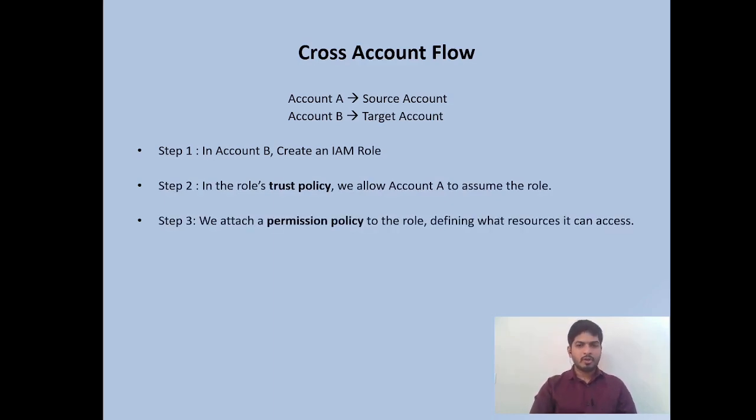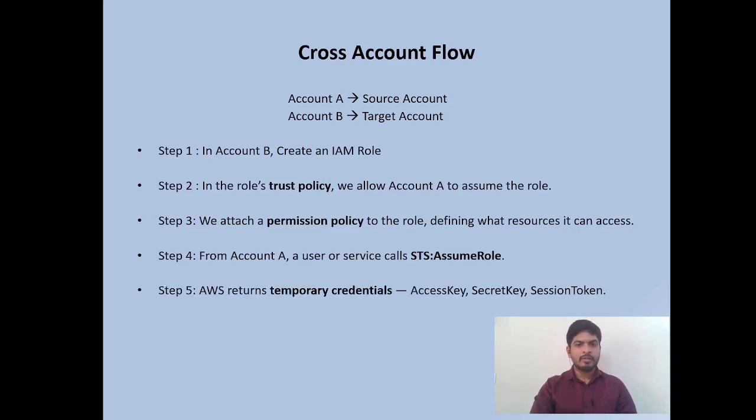We attach a permission policy to the role, defining what resources it can access. From account A, a user or service calls STS AssumeRole. AWS returns temporary credentials, access key, secret key, and session token that is valid for a limited period of time. These temporary credentials are then used to access resources in account B.